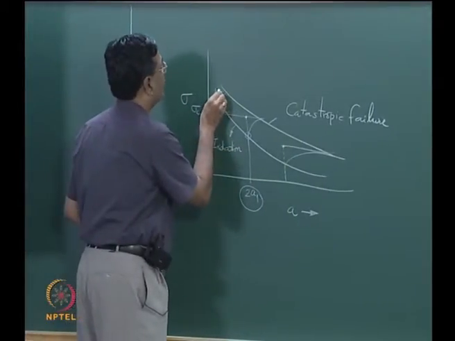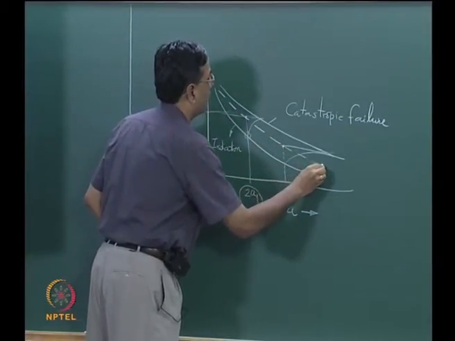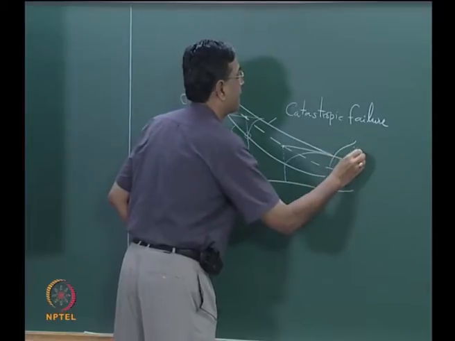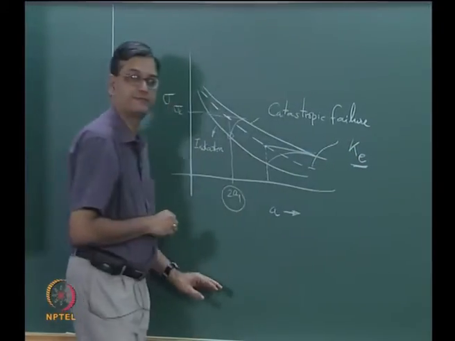Suppose I join all of them, I have the graph corresponding to Ke, that is apparent toughness.